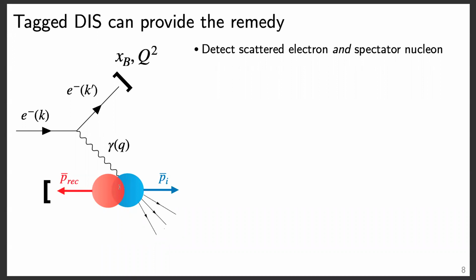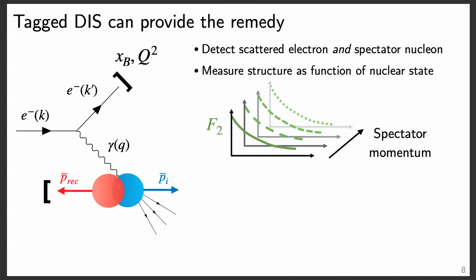And using this, you can actually reconstruct the initial nuclear state at the time of scattering. For instance, if you're measuring in deuterium, you have a proton and a neutron. So number one, based on whichever spectator nucleon you detect, you know what your active nucleon was. So if you detect a neutron, it must have been the proton that was struck.